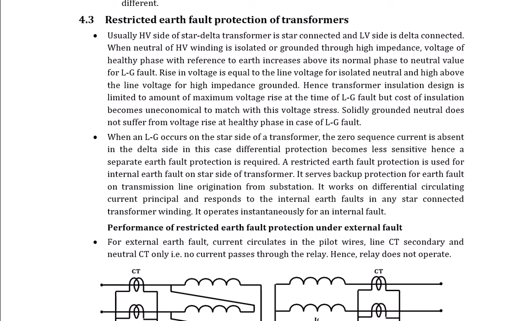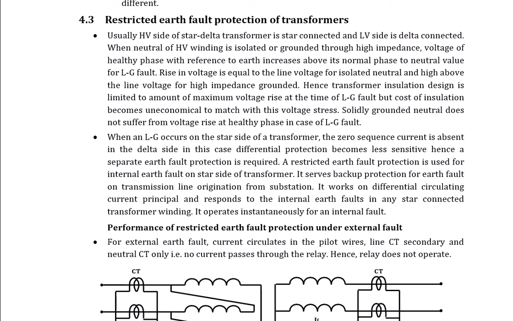In this case, differential protection becomes less sensitive, hence a separate earth fault protection is required. Restricted earth fault protection is used for internal earth faults on the star side of the transformer.